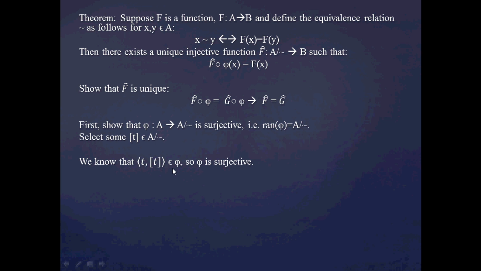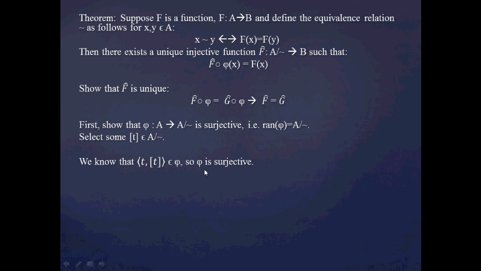That's just what it means to be surjective. But I always know this is true, that t is always in its own equivalence class. So if you give me any element from this set, A modulo tilde, there's always a domain element that gets mapped to the equivalence class of t. Namely, it's t, the pair t and the equivalence class of t being in phi. So that implies that phi is surjective.